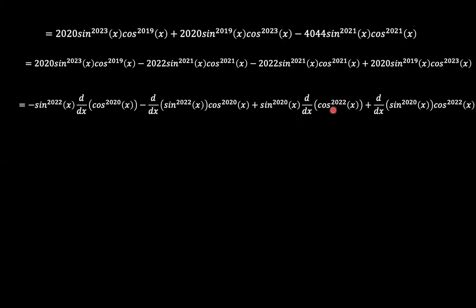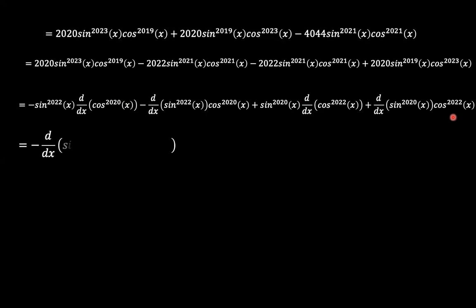And the same process repeats for the second one. Here we start with sine to the power 2020 times the derivative of cosine to the power 2022, plus the derivative of sine to the power 2020x times cosine to the power 2022x.